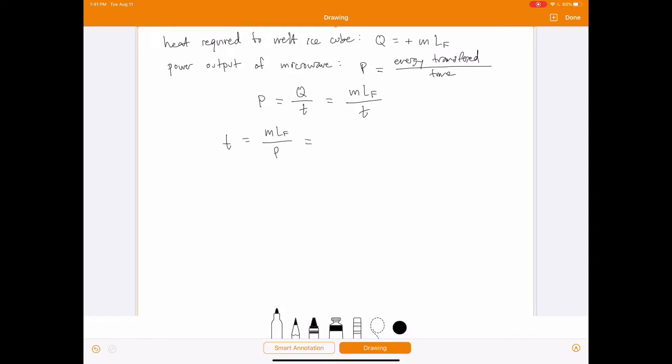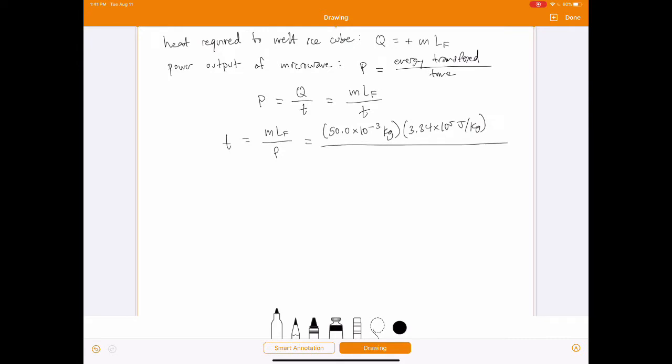And let's plug in what we know. The mass of this particular ice cube was 50 grams, so 50.0. If we want to convert that to kilograms, that's 10 to the minus 3 kilograms. The latent heat of fusion was 3.34 times 10 to the 5 joules per kilogram. And then we'll divide by the power.